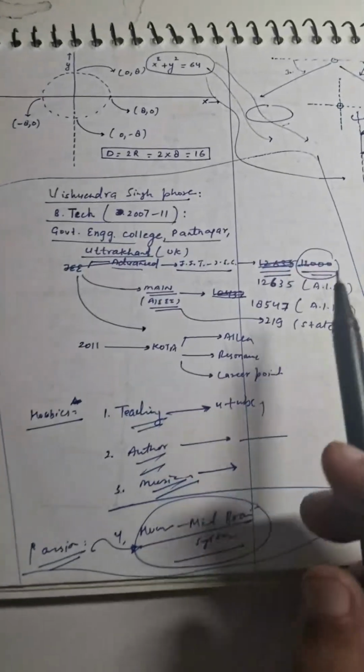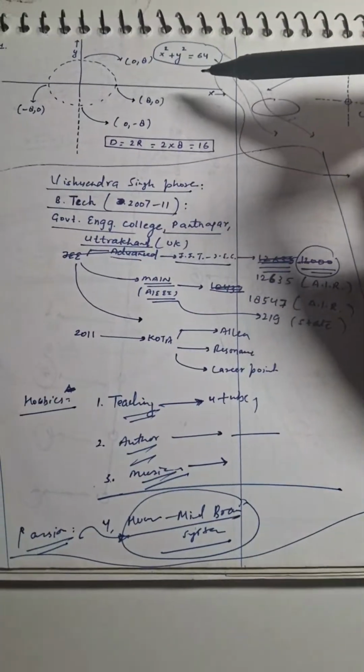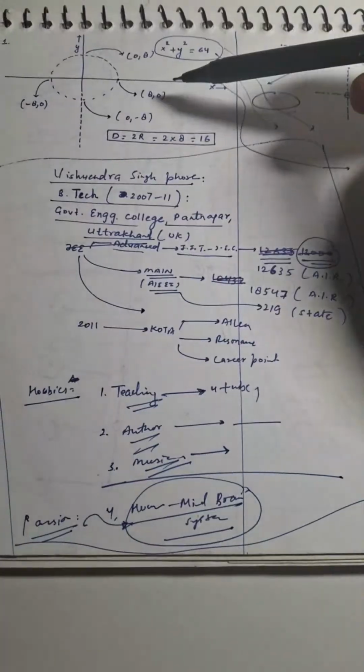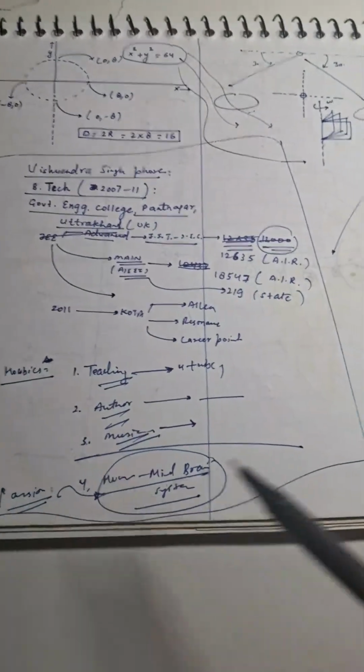Then is a qualitative question on equation of a circle, which is given by the expression, calculation of the diameter. So these are some points related to what I have worked, my hobbies.